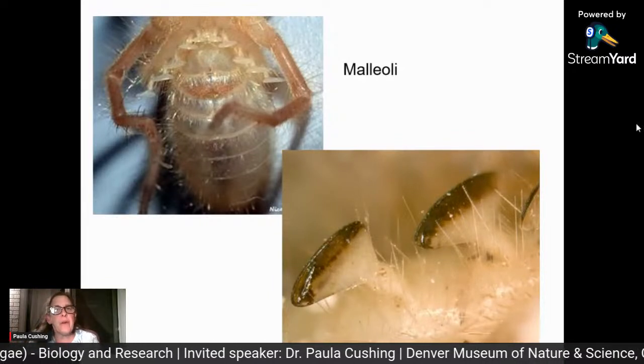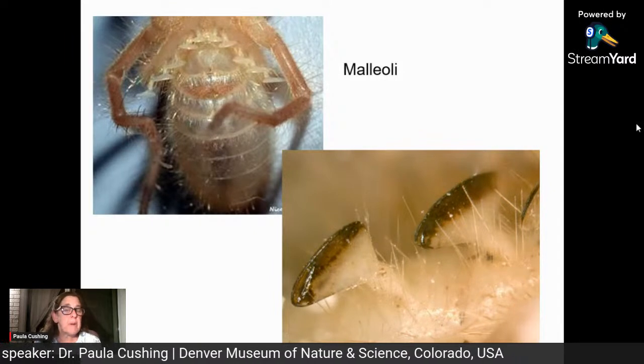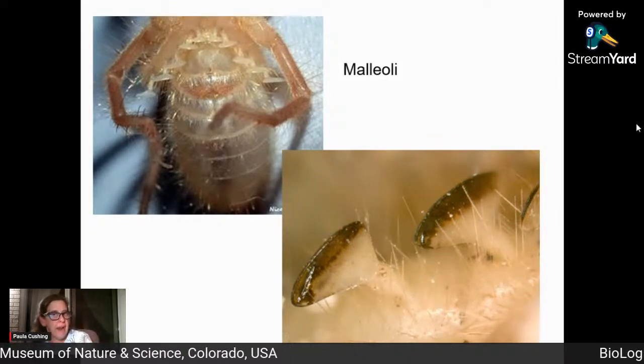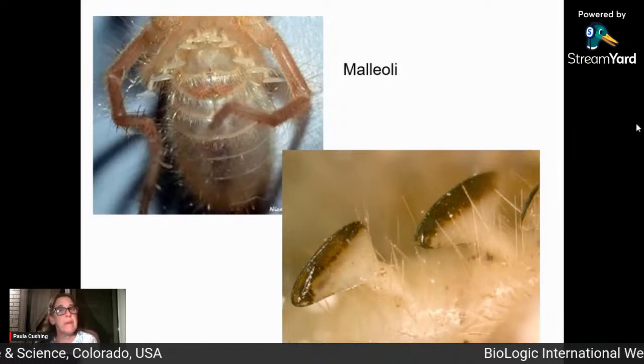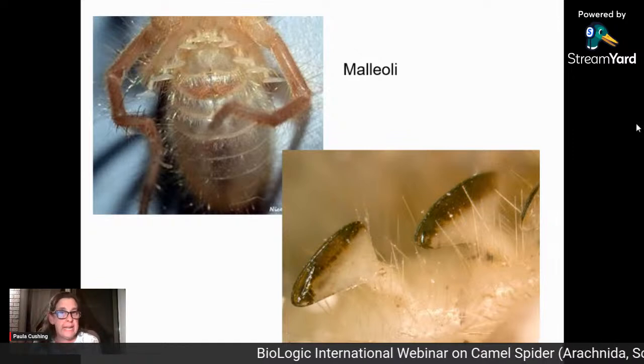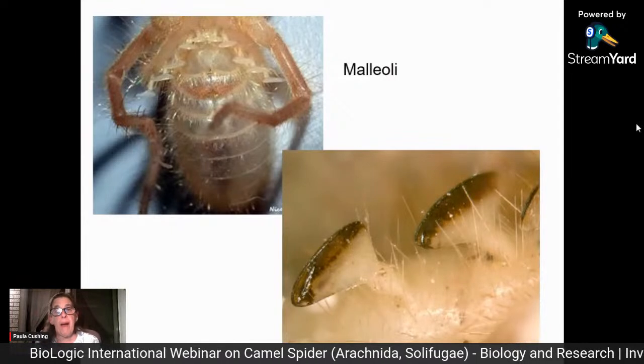And we think that the Solifugae are using the malleoli to detect chemical signals from each other and from prey that may be around. So it may be a way for them to detect when there's an insect around that they can eat. And I think there's some behavioral support for that hypothesis.